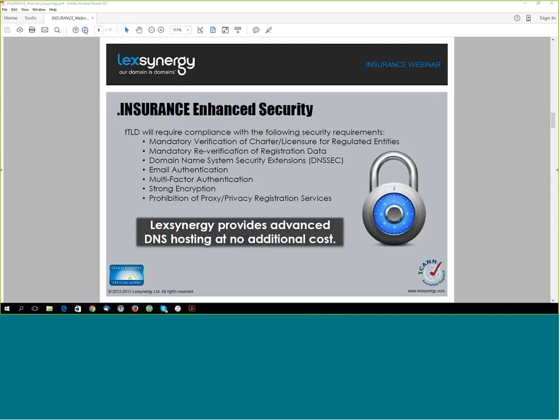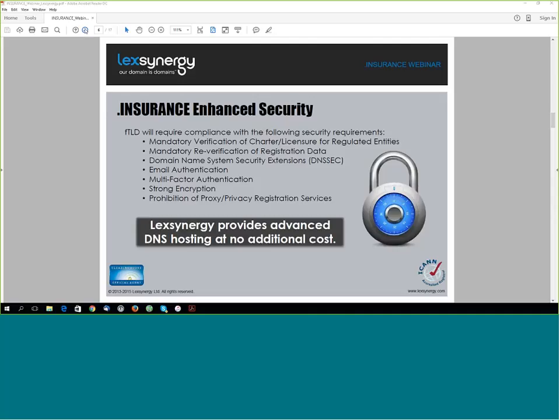I just wanted to add one more aspect. With our experience with .bank, which, as Craig said, launched last year in May, we found that a lot of clients were overwhelmed with the technical requirements that they needed to have in place to operate their .bank domain name. So what we've done with .insurance is, when you register a .insurance domain name with us, we will provide the technical requirements free of charge.